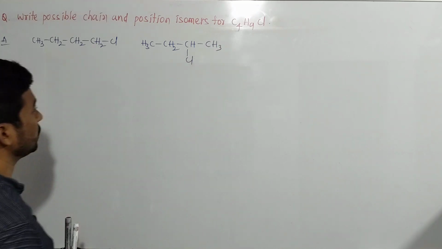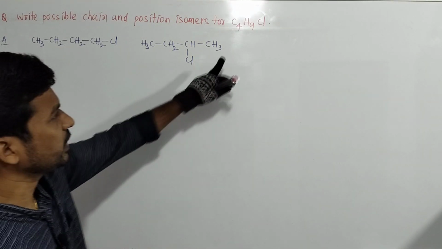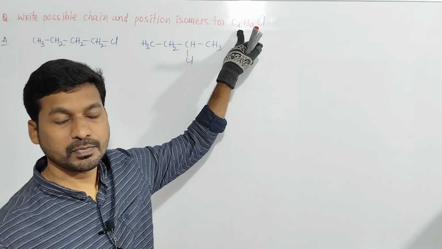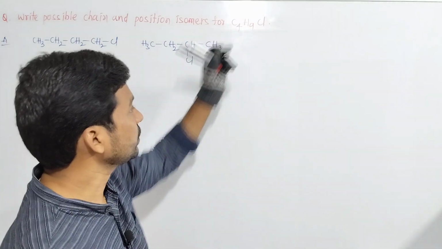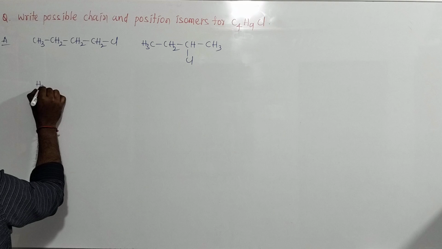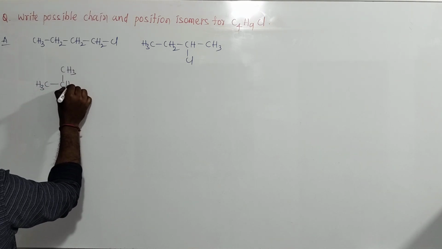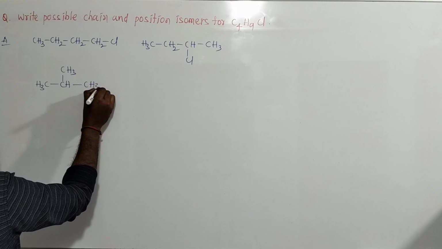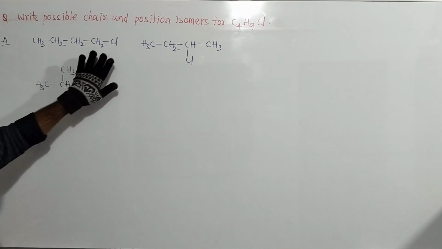This is the second possibility with n-butane. So for the butyl group, you know, how many chain isomers are possible? 4. With 4 chain isomers, n-butane for 2, isobutane. This is isobutane.